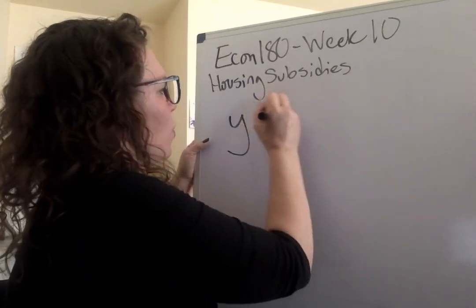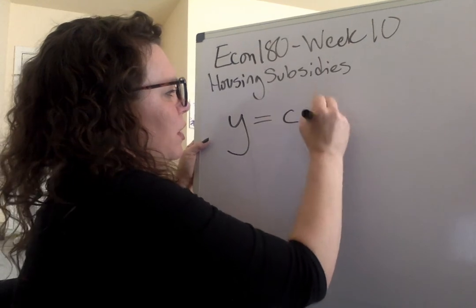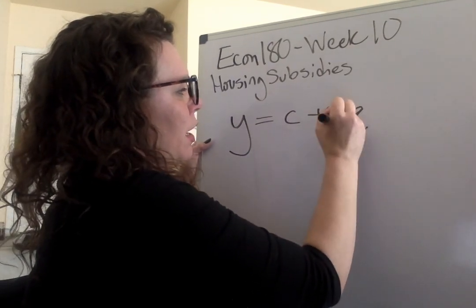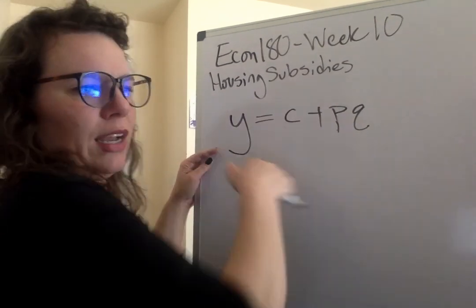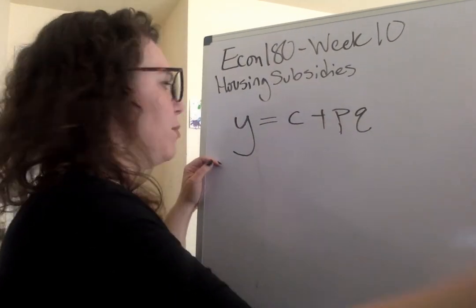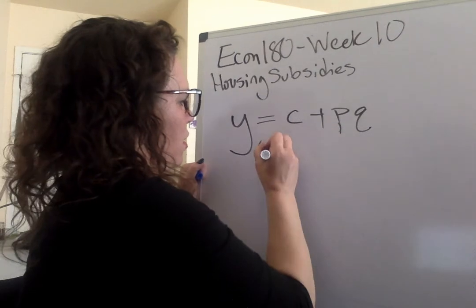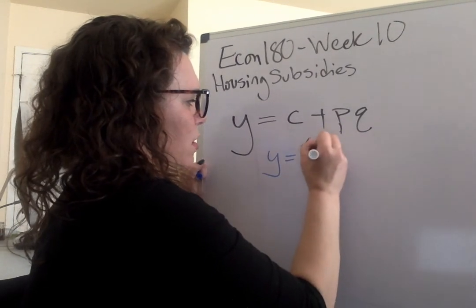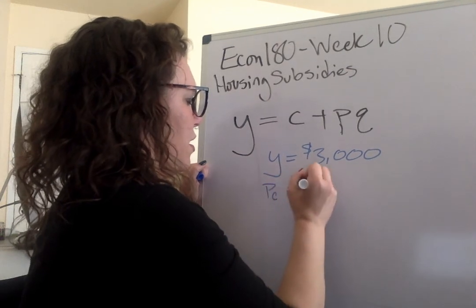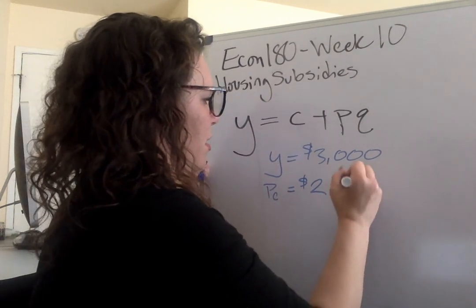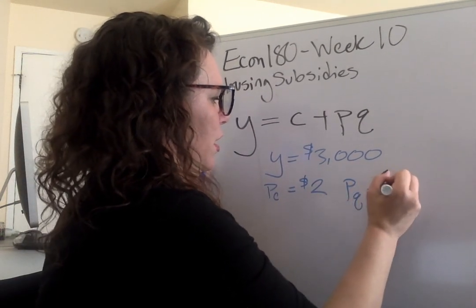Our budget constraint is y equals Pc times c plus Pq times q. What I've given you in this problem is that income is $3,000, so y equals 3,000, the price of C is $2, and the price of Q is $3.